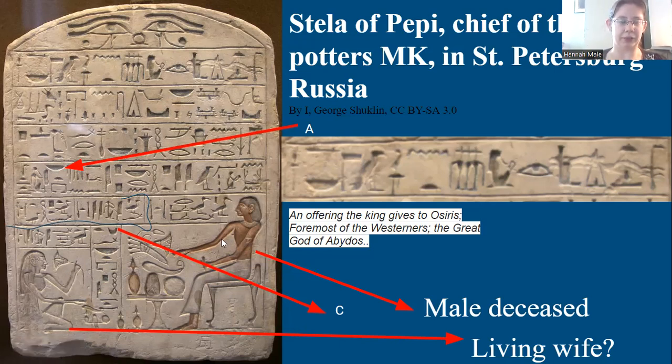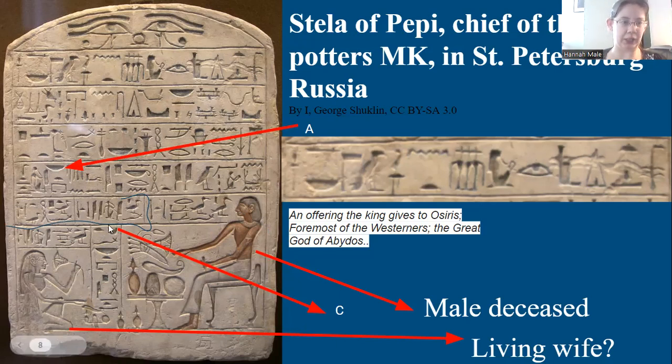And so he's in front of an offering table here. And so within this chunk, it gives his name and it also gives his title. So that's where we get that he's chief of the otters. And then when you get to this chunk down here, this is his wife, and she's his wife because of this chunk of hieroglyphs here.